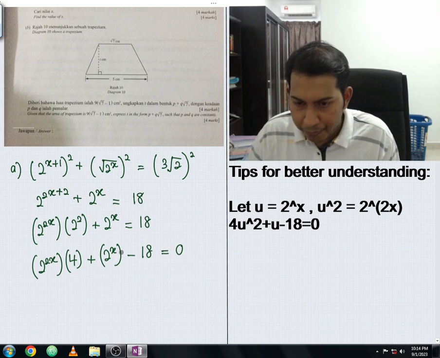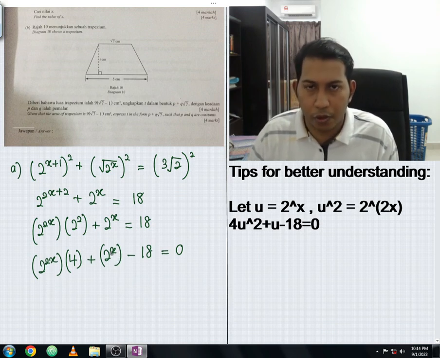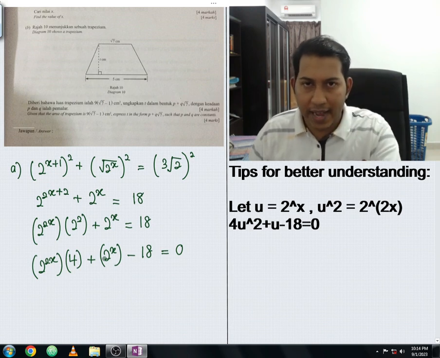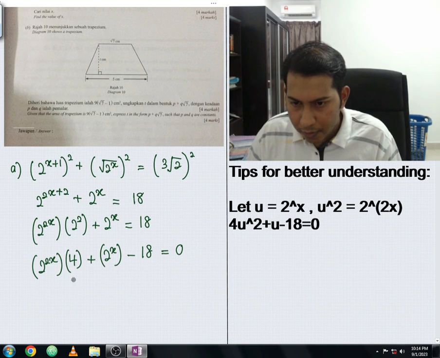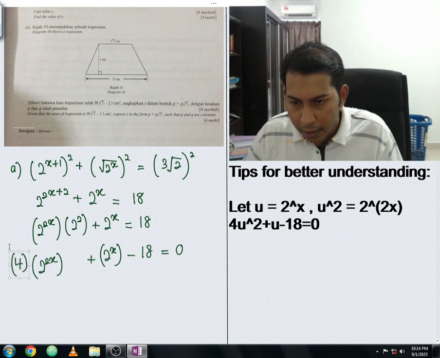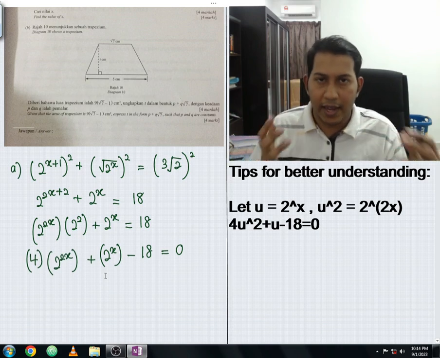So from here, we're going to factor out this in respect of the base 2 to the power of x. We're going to treat it as a quadratic equation. To prevent confusion, this 4 I place at the front over here. I think now it's better that you are able to visualize.